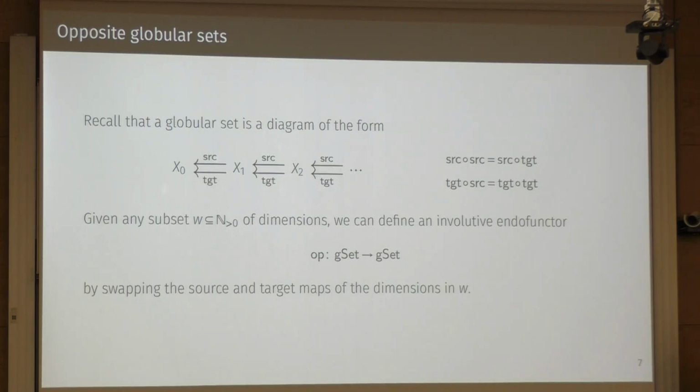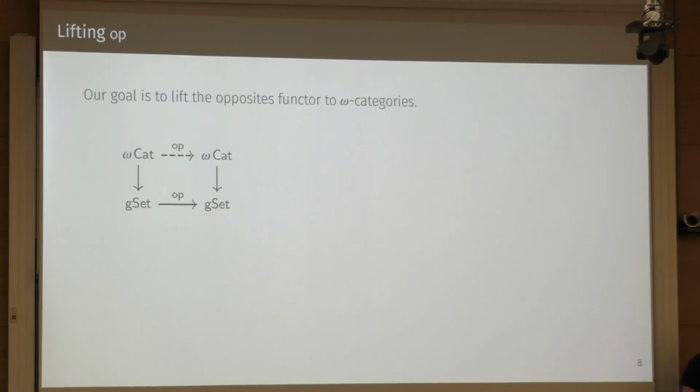Now, to extend this to omega categories, what we need to do is basically say how to equip the underlying globular set, the opposite globular set, with the operations of omega categories again. And so what we want to do is construct a functor that would make this square commute.